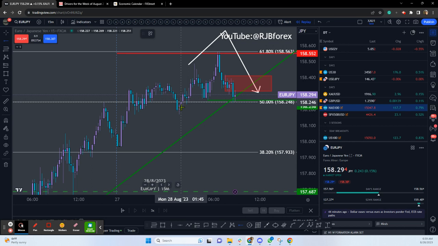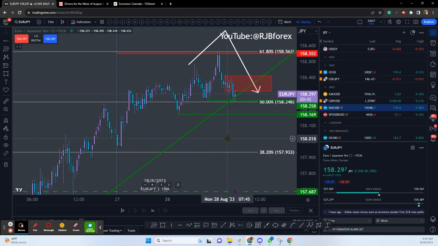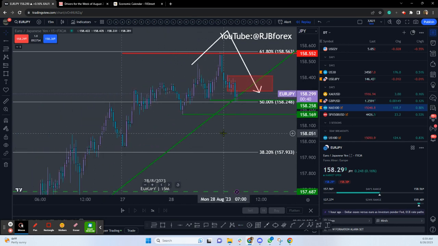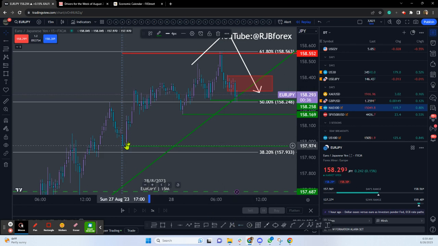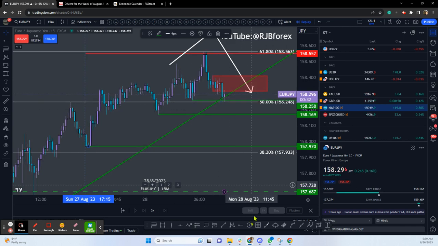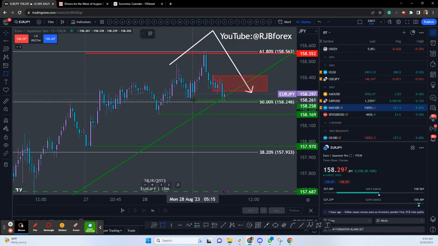If shorting, be wary of these lows here. And these lows down here. And all of this in here could prove to be an area of support.